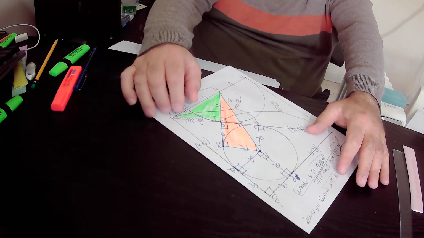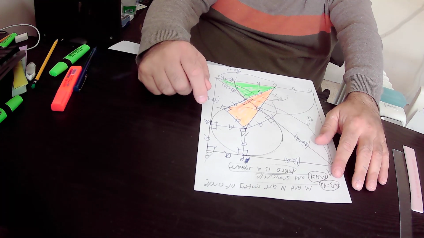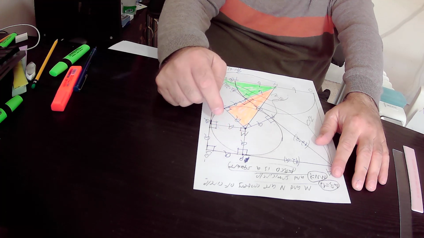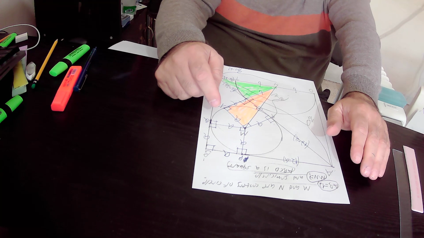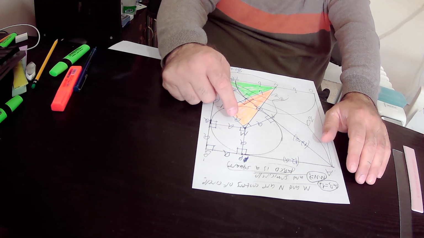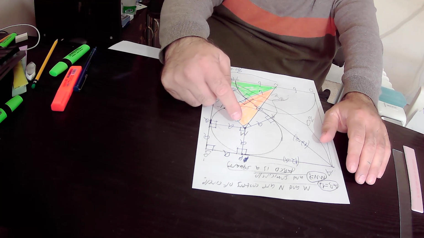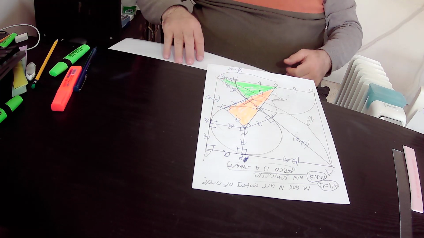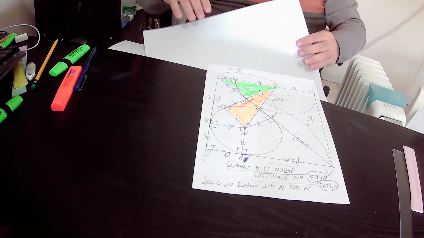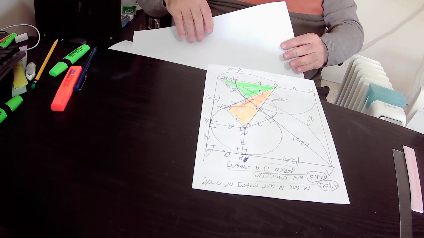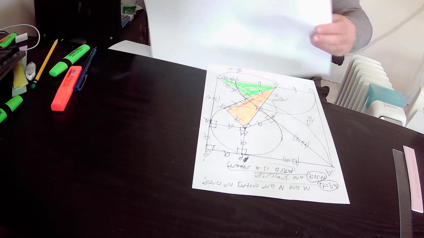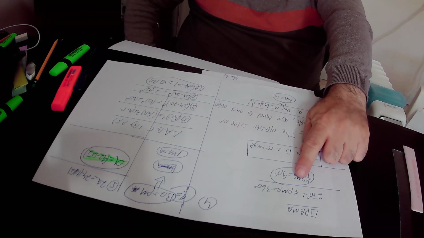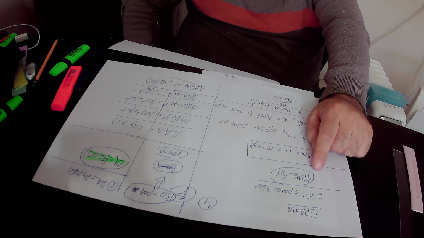So in quadrilateral PBQM, we have 1, 2, 3 right angles, and the sum of 3 right angles is 270 degrees. So 270 degrees plus the size of angle PMQ, in total the sum of those 4 angles must be equal to 360 degrees, according to the rule that the sum of the angles in any quadrilateral is equal to 360 degrees. 270 degrees plus the size of angle PMQ must be equal to 360 degrees.